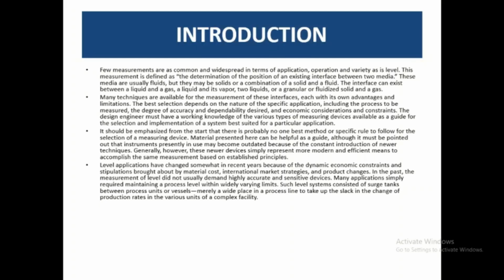Sometimes you are not able to run your process according to your spec, just because your transmitters are giving you a lot of error. Their readings are deviating from the original value.